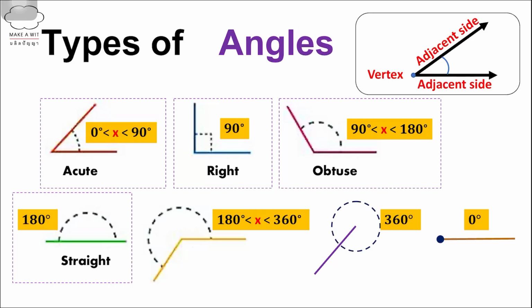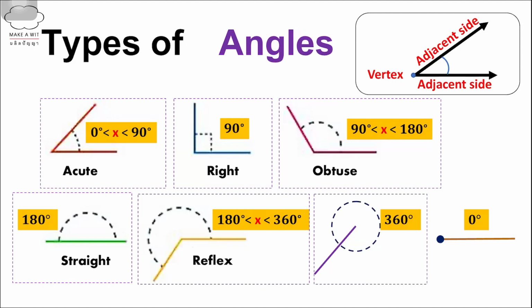And if it's more than straight angle, more than 180, but less than 360 degrees, it will be reflex angle. And what about exactly 360? Full, very good. Full circle, full angle. And last one, at 0 degrees, it will be the zero angle.